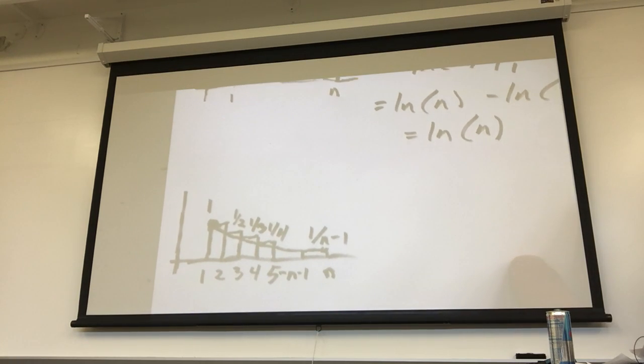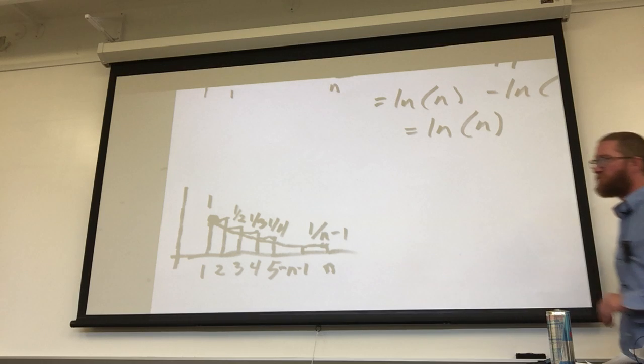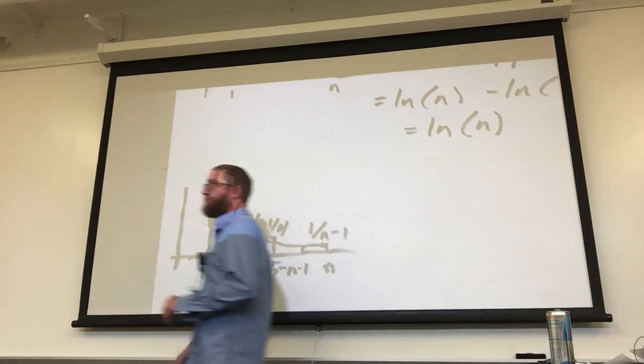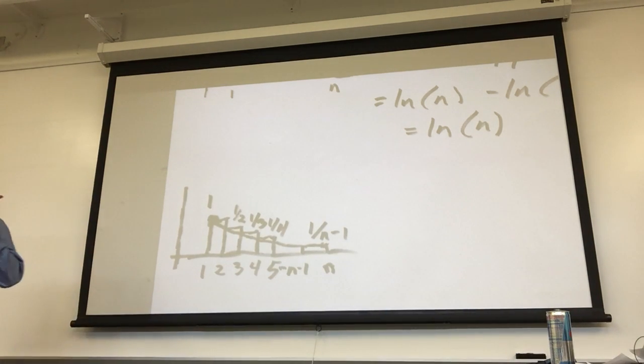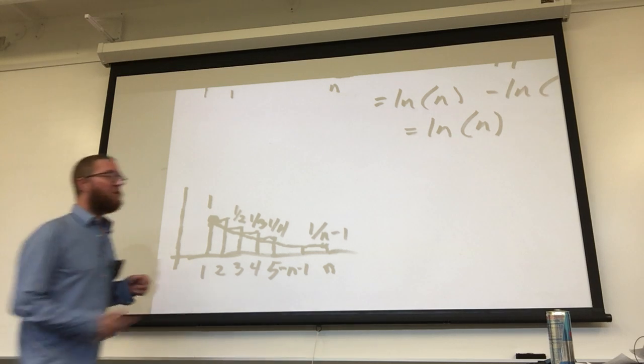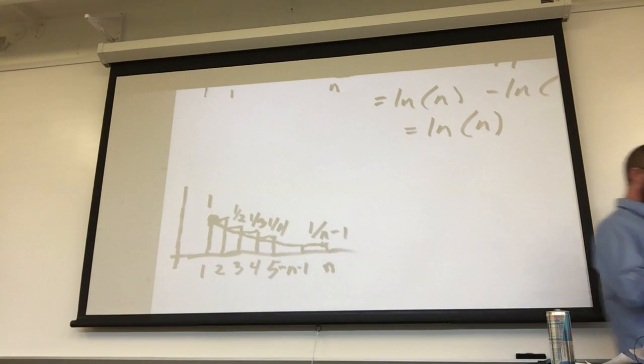Now, if you think about these rectangles right here, between 1 and 2, the base of the rectangles is just going to be 1. The height of that first one is going to be 1. Between 2 and 3, the base is going to have a length of 1. But its height is 1/2. And if you look at these rectangles, every single one of these rectangles lies above the curve. Okay? So when making a comparison here, what can we say about this?